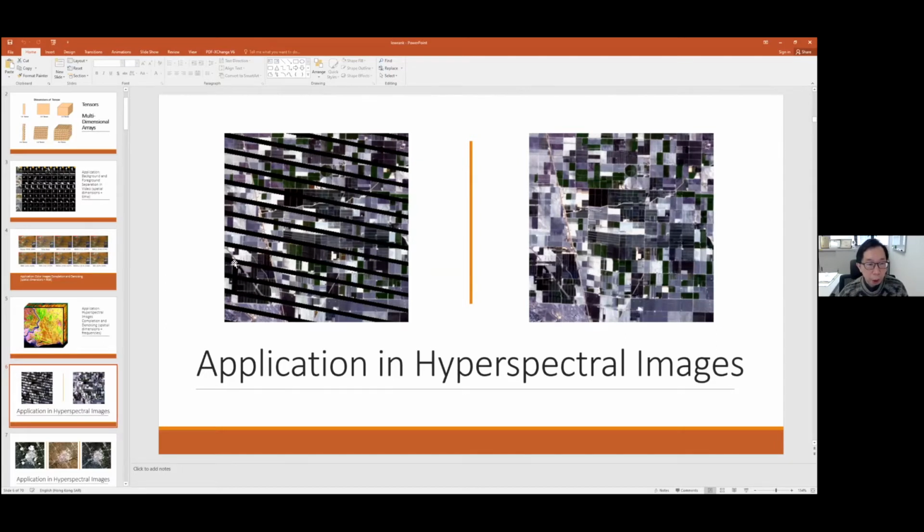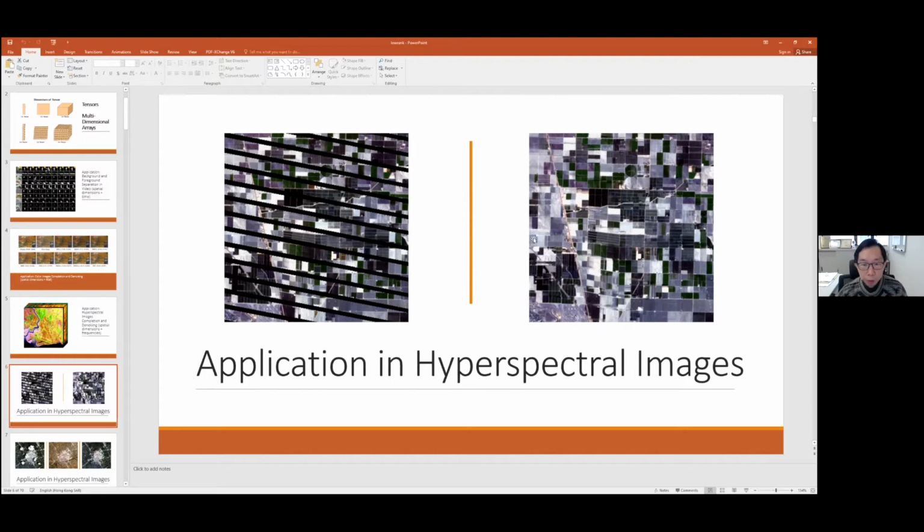Because of the movement of the satellite and sensor problems, we lost some of the values during the acquisition of these hyperspectral images. So you see there will be a lot of missing values, in a swipe form, because of the sensor failure in the satellite.